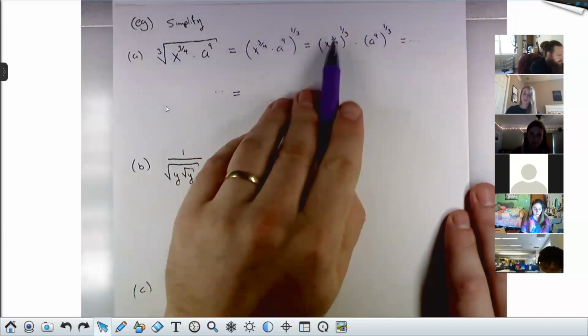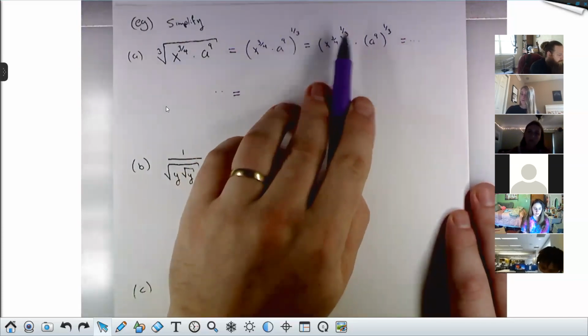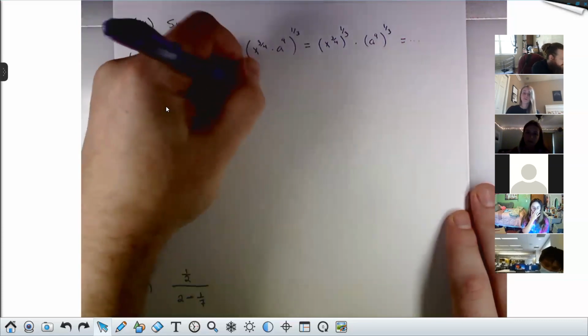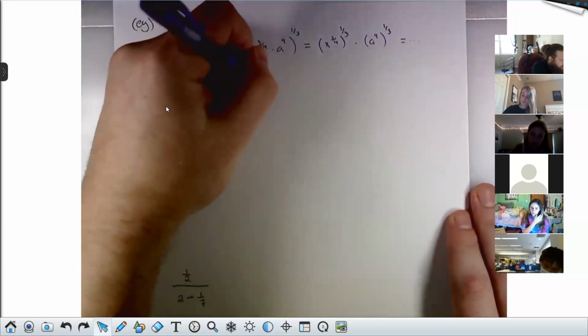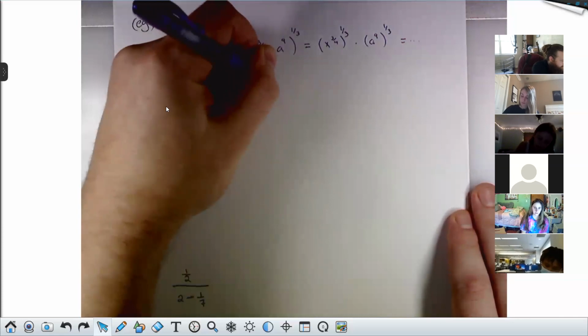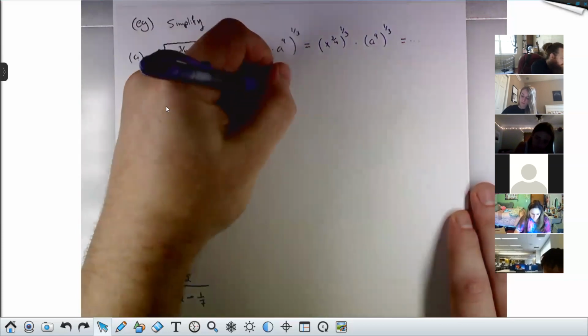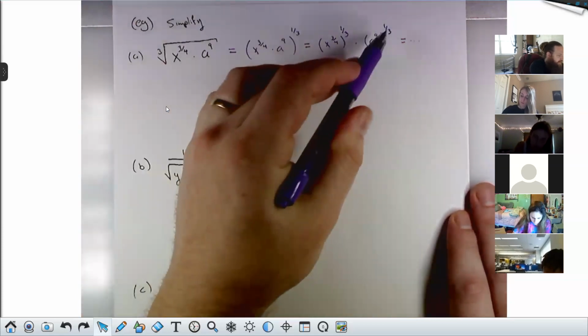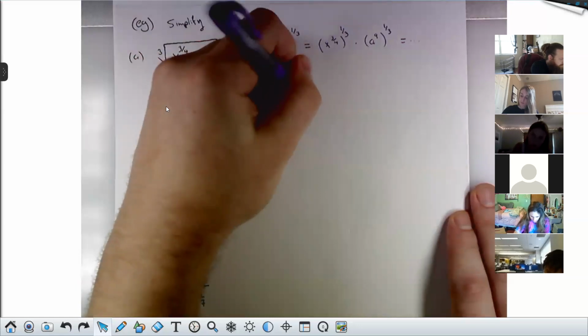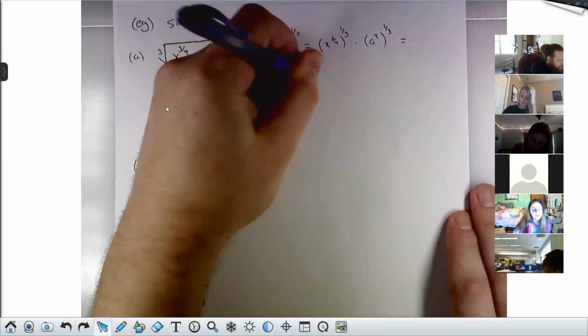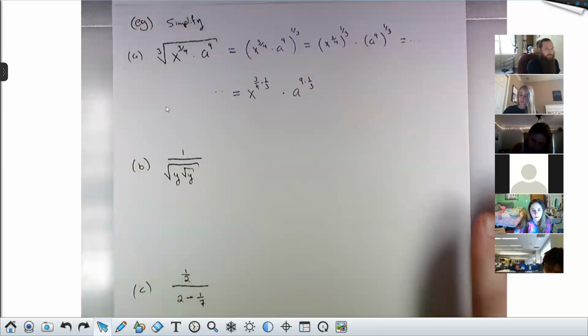So x to the 3/4, all raised to the 1/3 is x to the 3/4 times 1/3, like this, all in the power. And I can do the same thing with the other piece. That's a to the 9 times 1/3, like this.